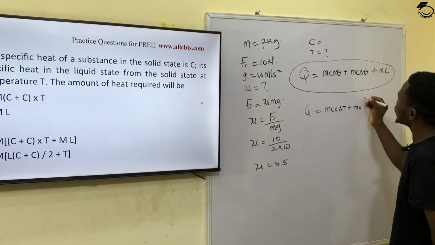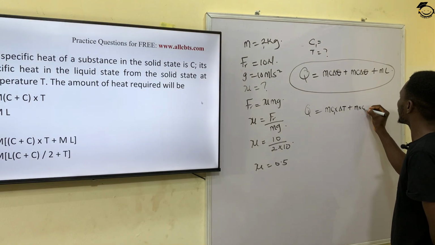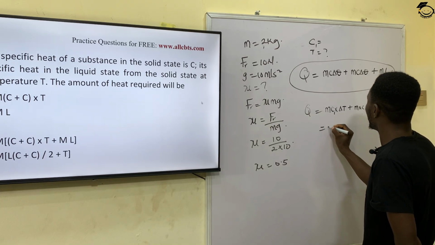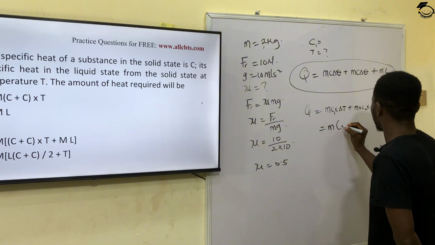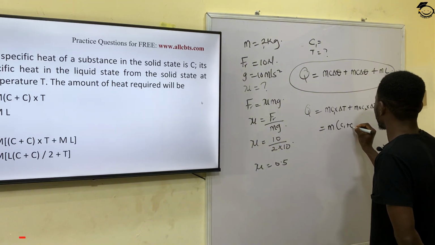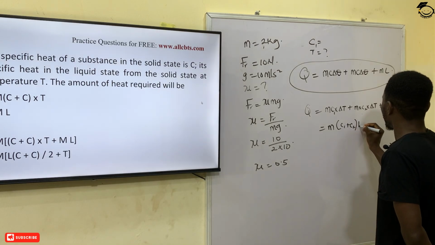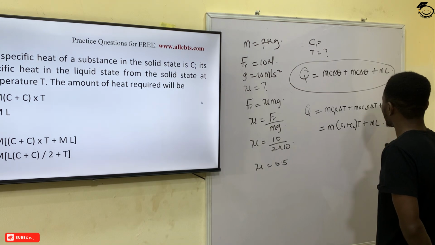So we can call this first one C1, and that of the liquid C2, times change in temperature, plus ml. So this is the same thing as saying that I have M in brackets C1 plus C2 close brackets, and here I have my change in temperature plus ml.